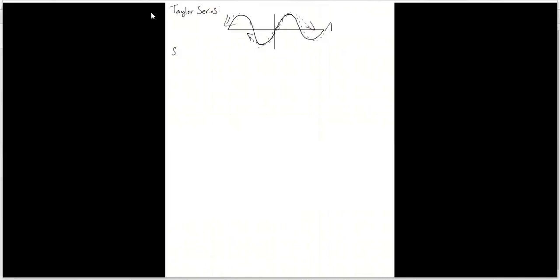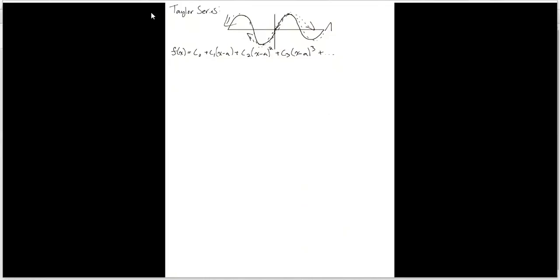So if we write out what the power series is typically, we have c0 plus c1 times x minus a, plus c2 times x minus a squared. I'm going to do one more term, c3 times x minus a cubed, and so on.